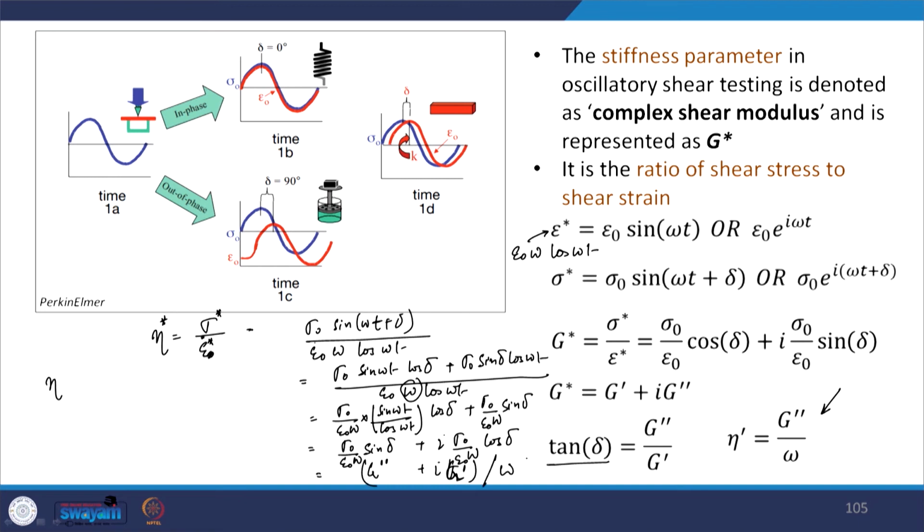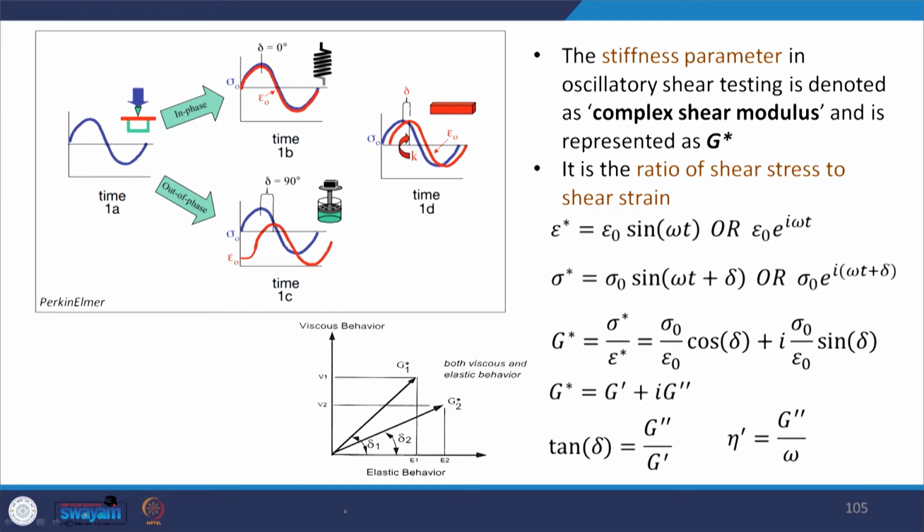So, we can write that eta star is equal to G double dash by omega plus i G dash by omega. If I want to break eta star into two forms, the real form and the viscous form, the real form is the dynamic viscosity or the absolute viscosity. This can be written as G double dash by omega. This is again an important expression to remember.